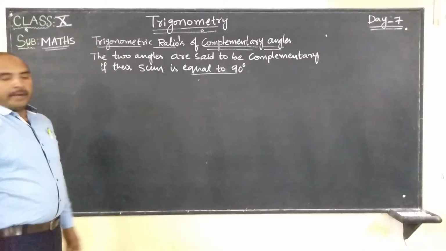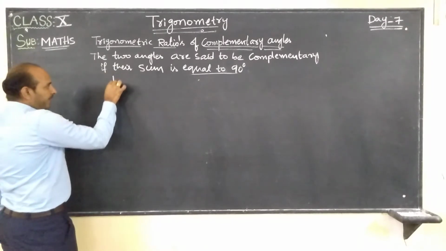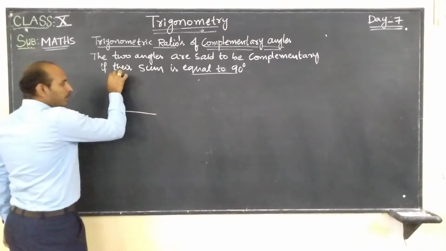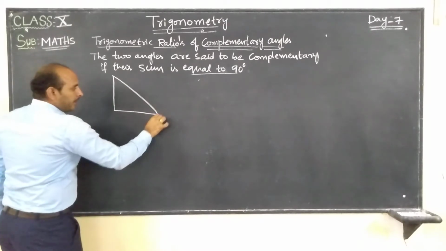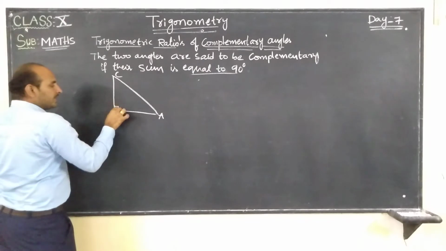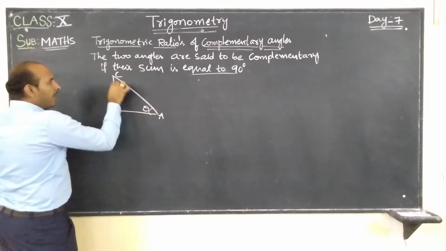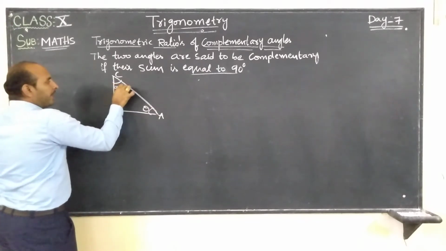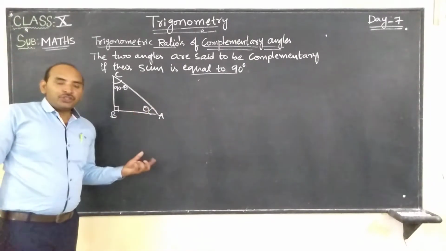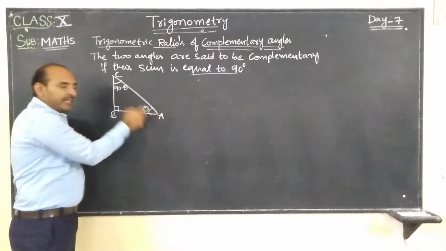So now I am taking the right angle triangle ABC. This angle is 90 degrees, this is theta and this is 90 minus theta. I am finding the trigonometric ratios according to the angle A.